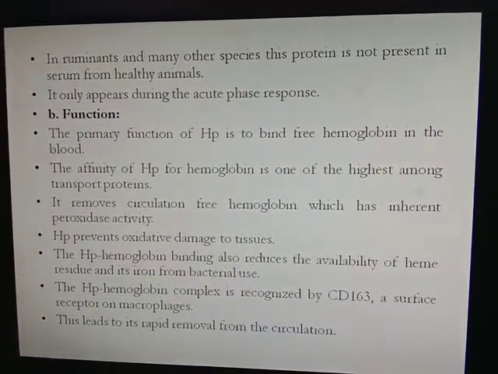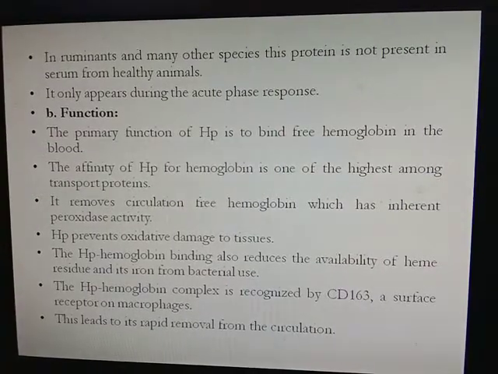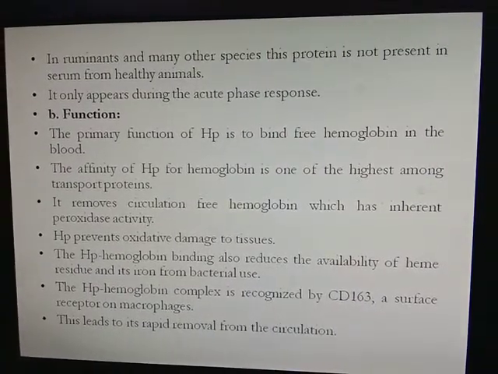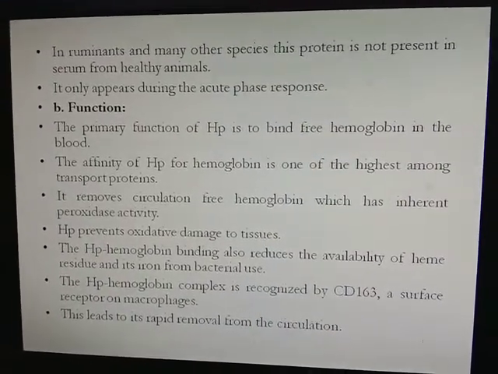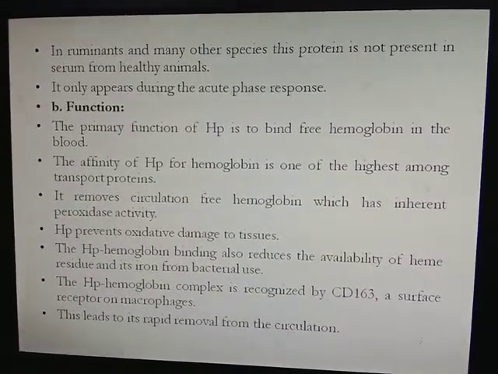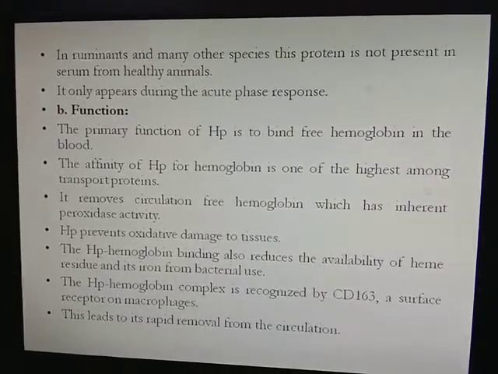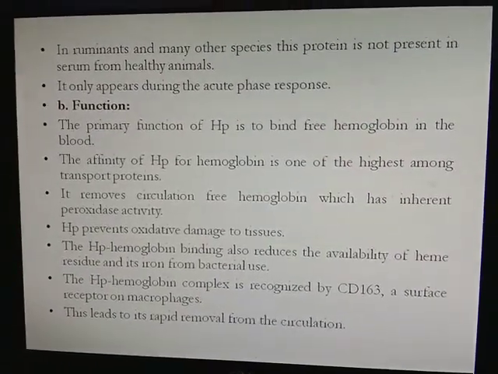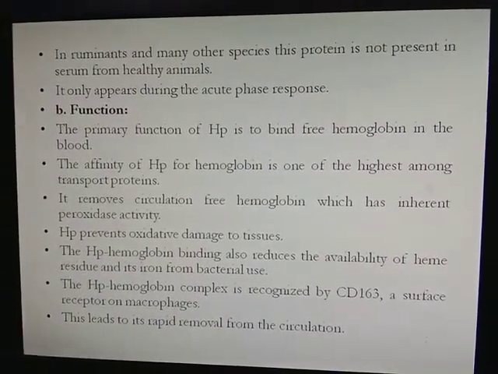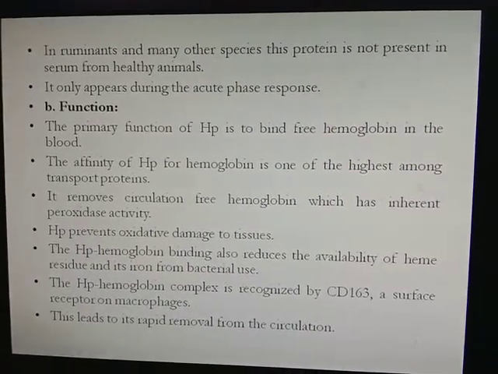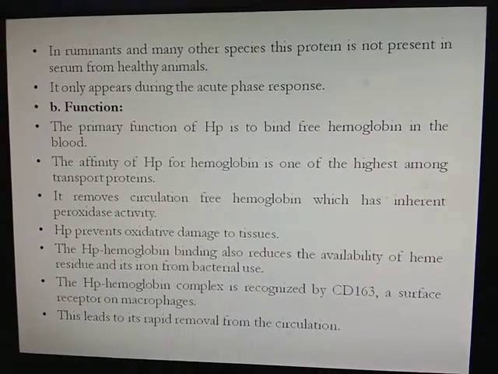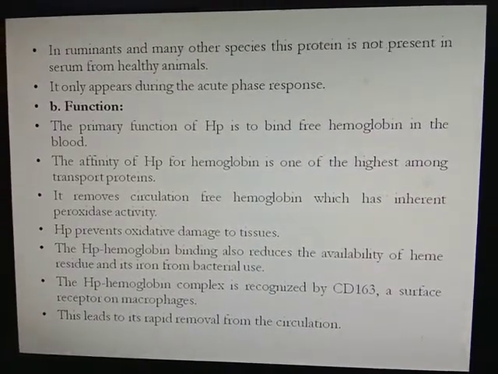It removes free hemoglobin, which has inherent peroxidase activity, from the circulation. Haptoglobin binds with free hemoglobin and removes it from the circulation. It prevents the oxidative damage to tissue that might be caused by free hemoglobin with its peroxidase activity.